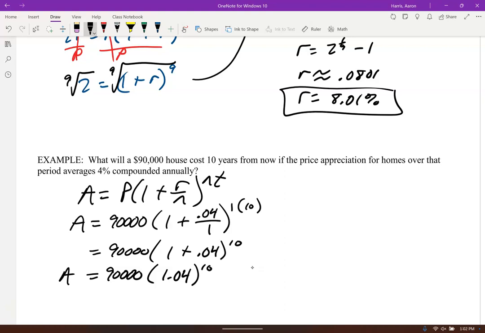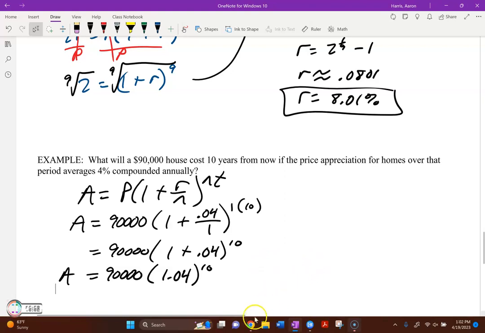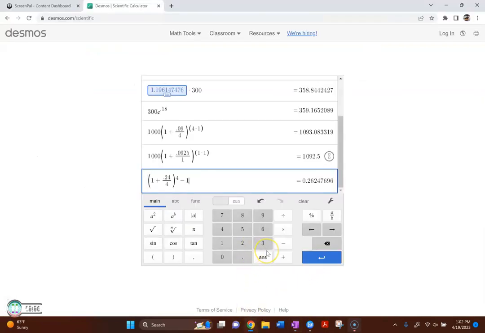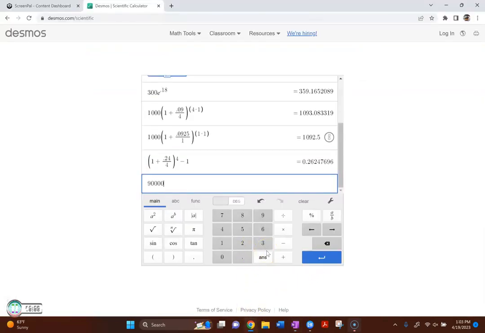And let's punch that in. So 1.04 to the 10th times 90,000. We'll just do it all at once. 90,000 times 1.04 to the 10th. 133,221.6.